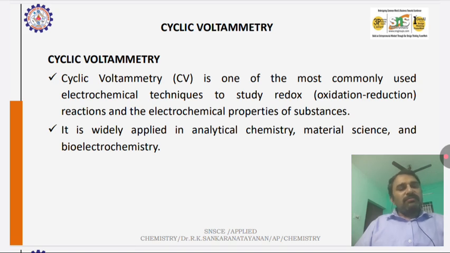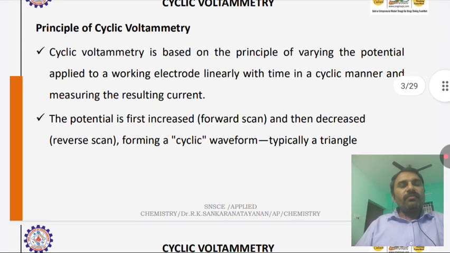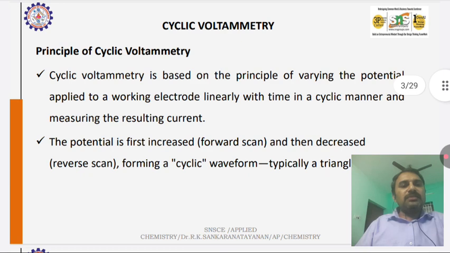It has a very wide range of applications, especially in catalysis and material science; in all these aspects we can do cyclic voltammetry analysis. The main concept is to change the potential.